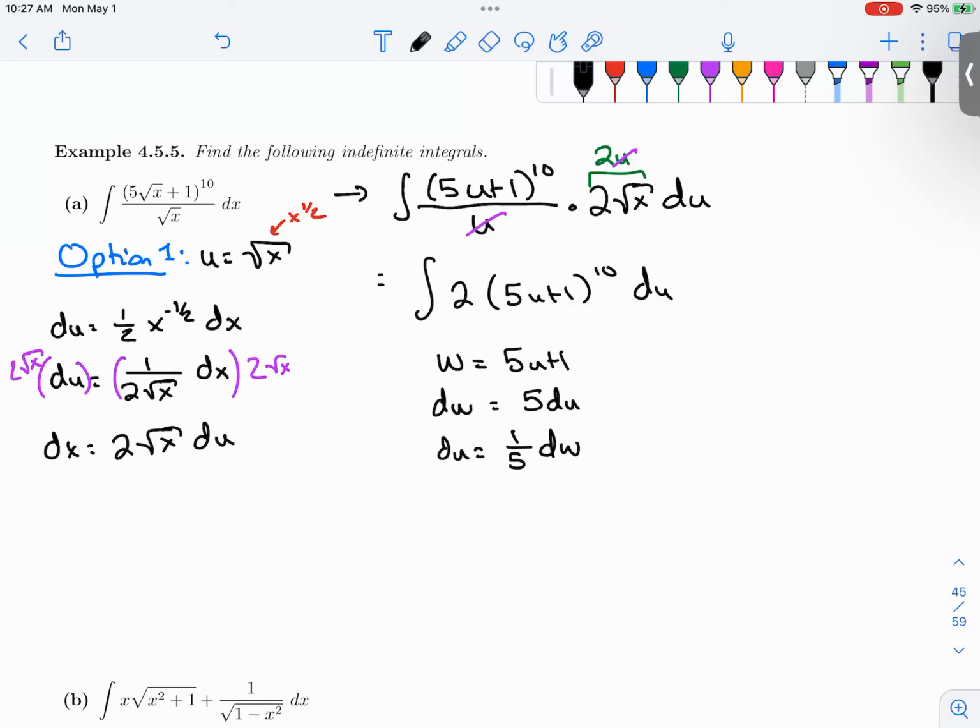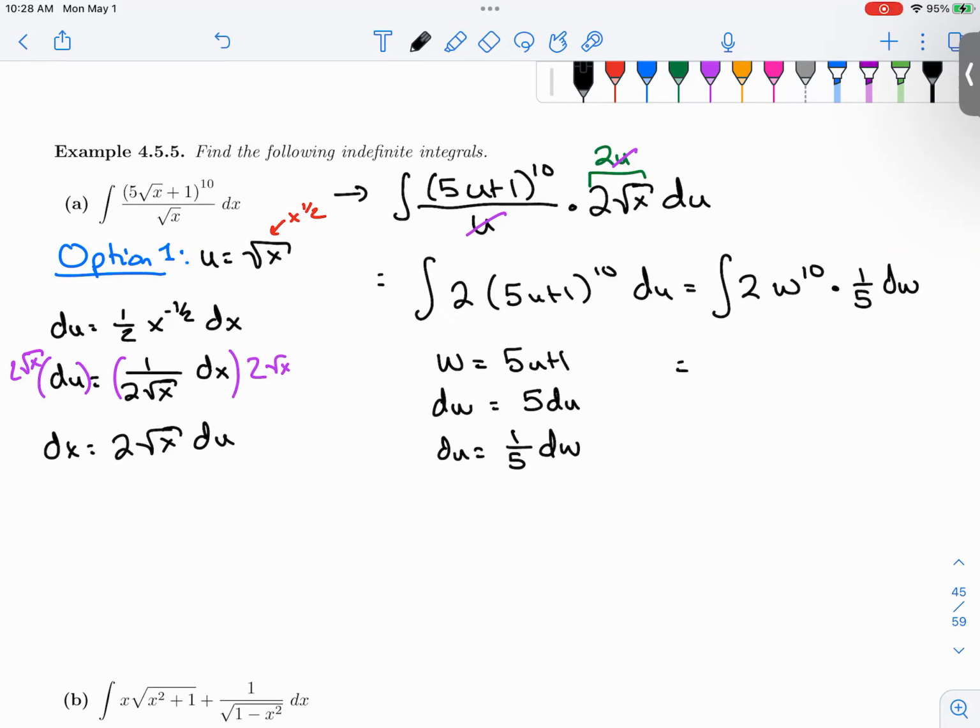Excellent. Perfect. So then this becomes the integral of 2 w to the 10th times 1/5 dw. Right? w was 5u plus 1, so the inside of that thing becomes just w to the 10th power, and then du is now going to become 1/5 dw.